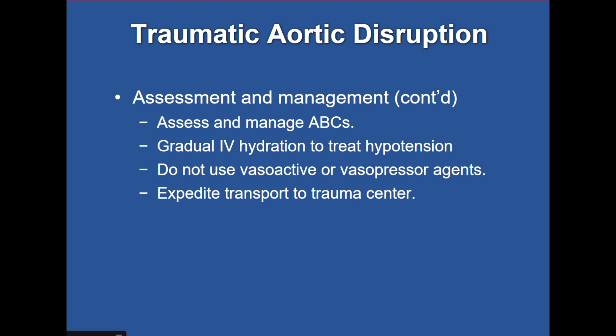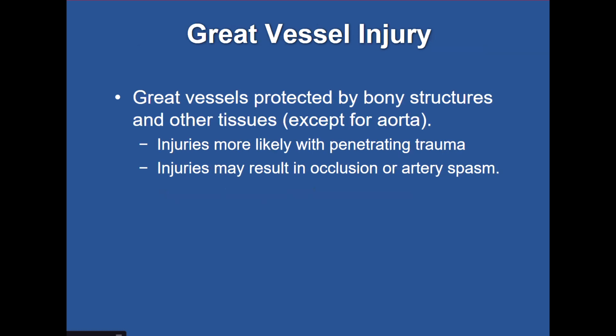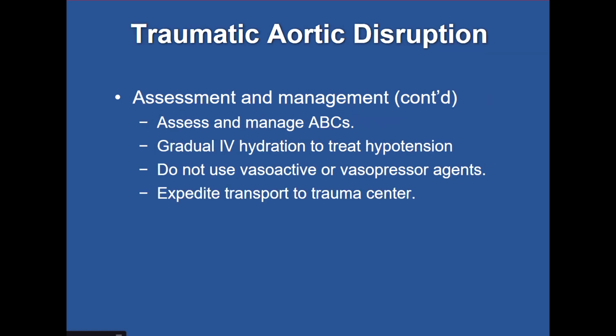If we increase the pressure in that hose, it's just going to bleed faster. And all we're going to be doing is pumping out the good blood and filling it back up with saline, which is not able to carry oxygen. So making pink blood isn't a good idea. We just want to keep them perfusing, keep their brain perfusing as much as possible. Right. We don't want to use vasopressors because we don't want to increase the pressure in that vessel.